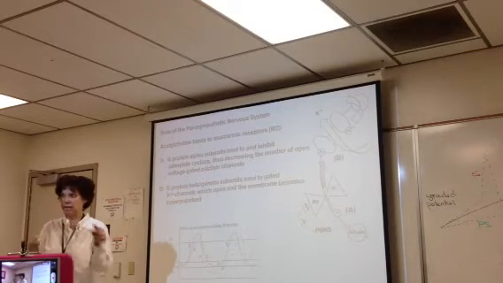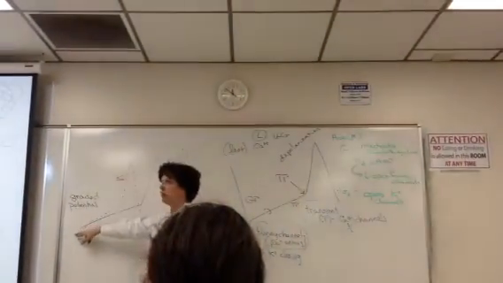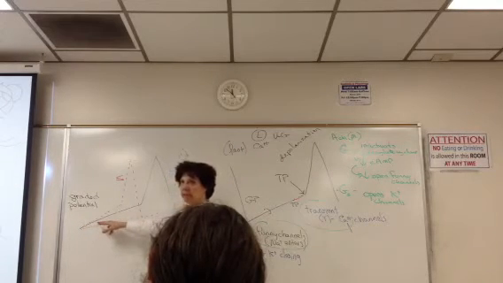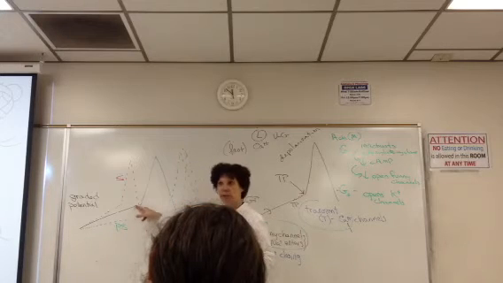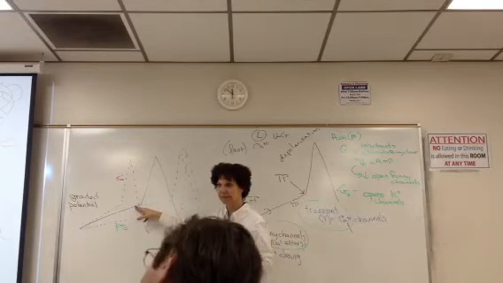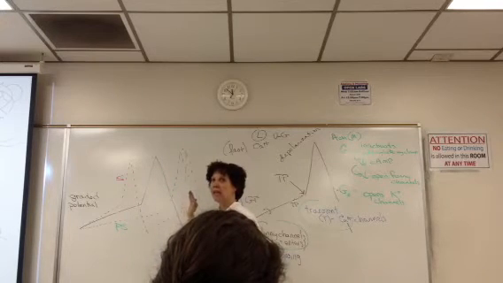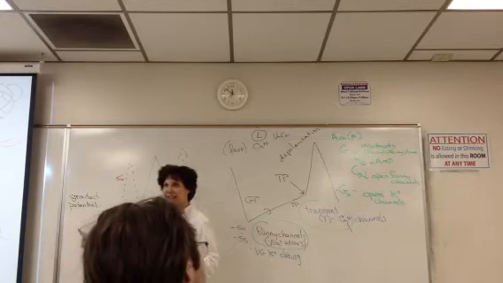If you understand the overall picture: if we go back to our regular autorhythmic cells, what's triggering this is the funny current opens, and we add both positive sodium and calcium to reach threshold at 100 beats a minute. Acetylcholine comes along, and we have fewer funny channels.